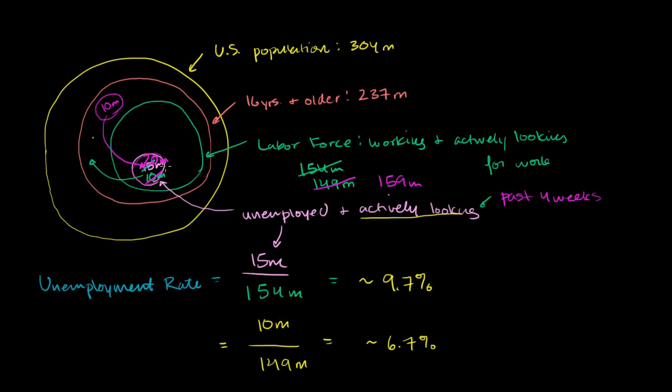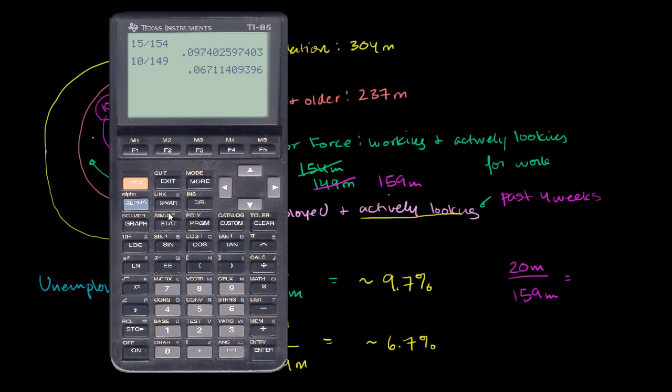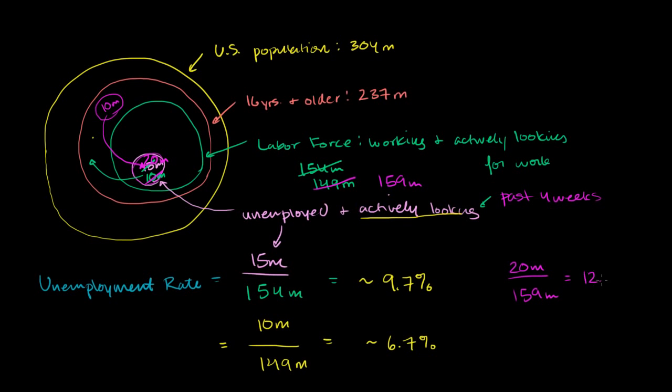So in this situation, the official unemployed would be 20 million, and the entire labor force would be 159 million. And now you would get a situation. So you have 20 divided by 159 million, which is approximately 12.6%.